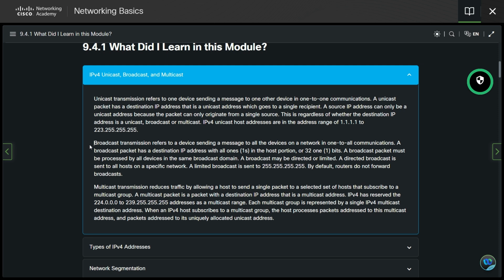A broadcast packet must be processed by all devices in the same broadcast domain. A broadcast might be direct or limited. A direct broadcast is sent to all hosts on a specific network. A limited broadcast is sent to this address by default. Routers do not forward broadcasts.